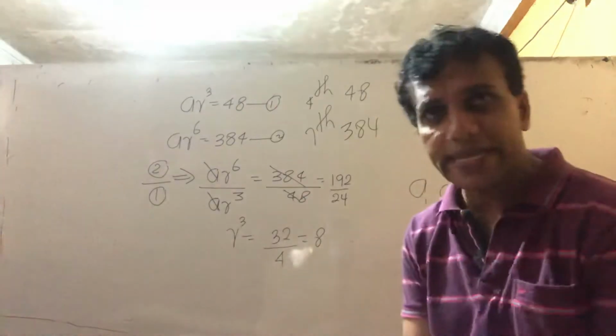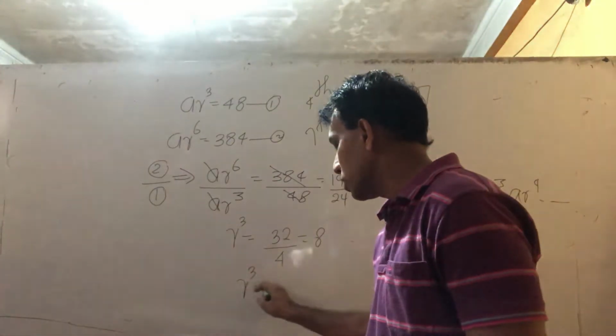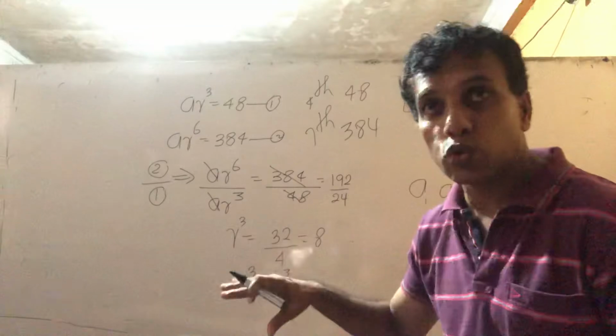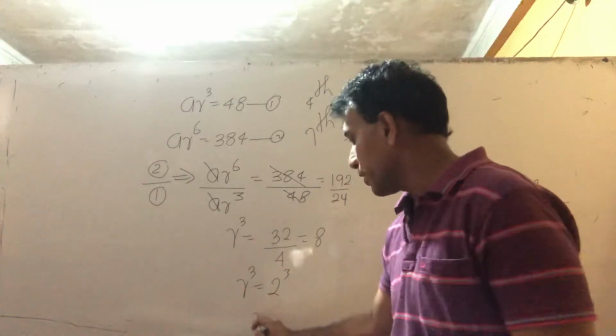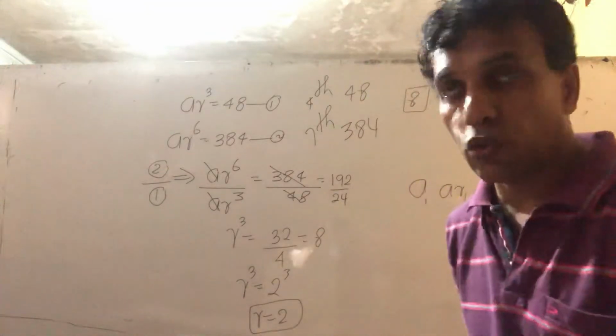Simplify, r cube is 8. So r cube equals 2 to the power 3 in this rule. Therefore, r, the common ratio, is 2, right?